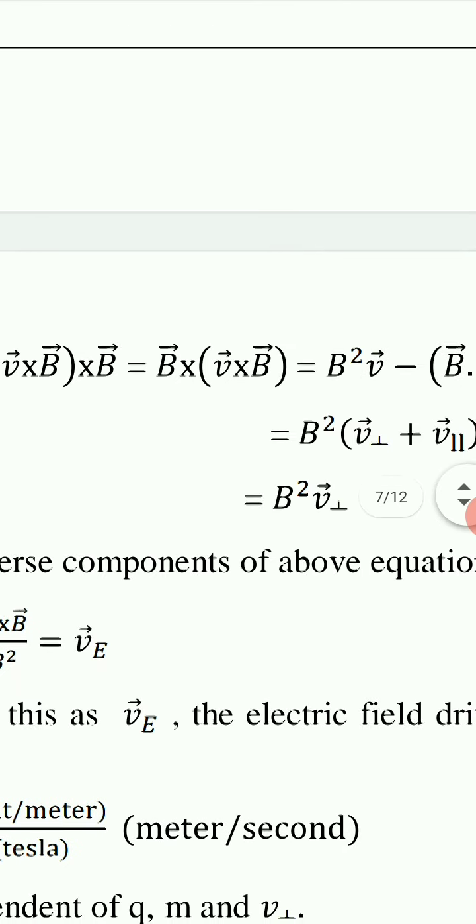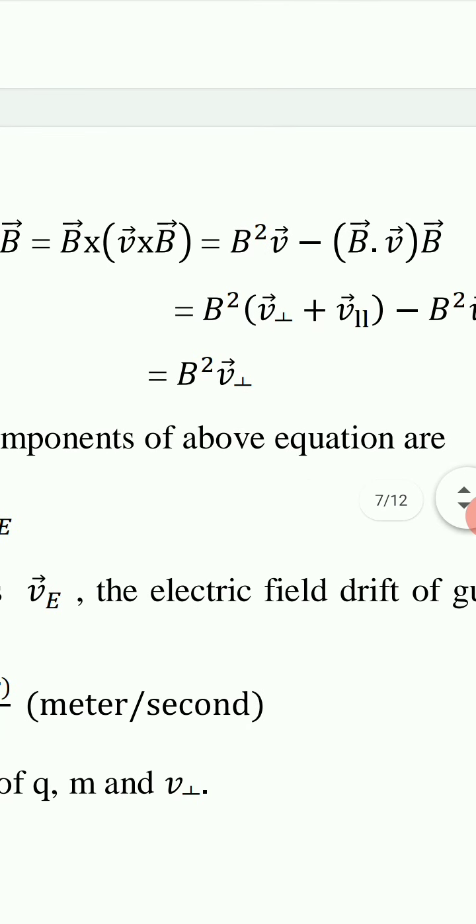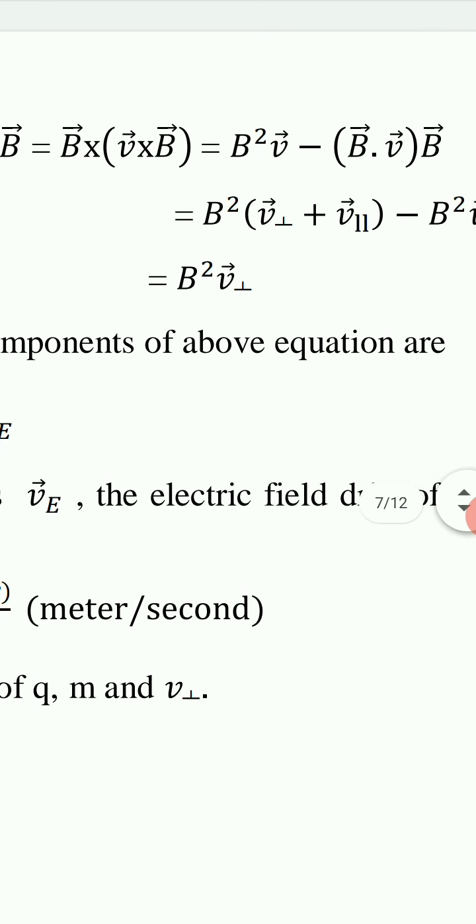Now this B cross V cross B can be written as B square V minus B dot V times B. Here we have used the formula A cross B cross C is A dot C times B minus A dot B times C. If we use this formula, we get A dot C times B gives B dot B times V, and B dot B is B square.